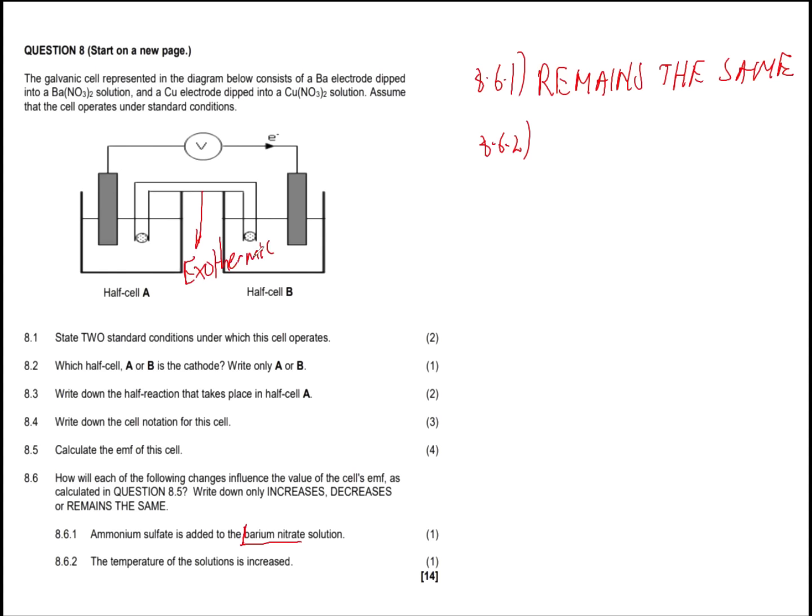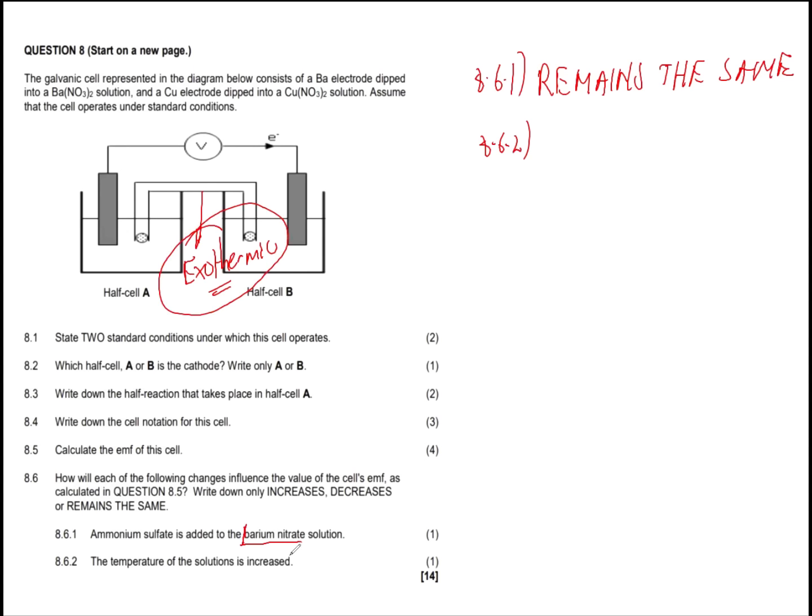Now, according to Le Chatelier's principle, we know that an increase in temperature favors an endothermic reaction, but it affects the exothermic reaction negatively. So the endothermic reaction, it would affect it positively, but an exothermic reaction, it would affect it negatively.